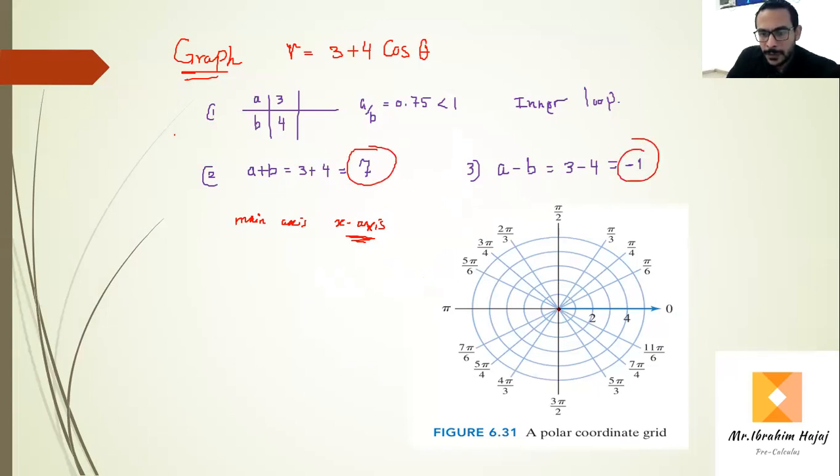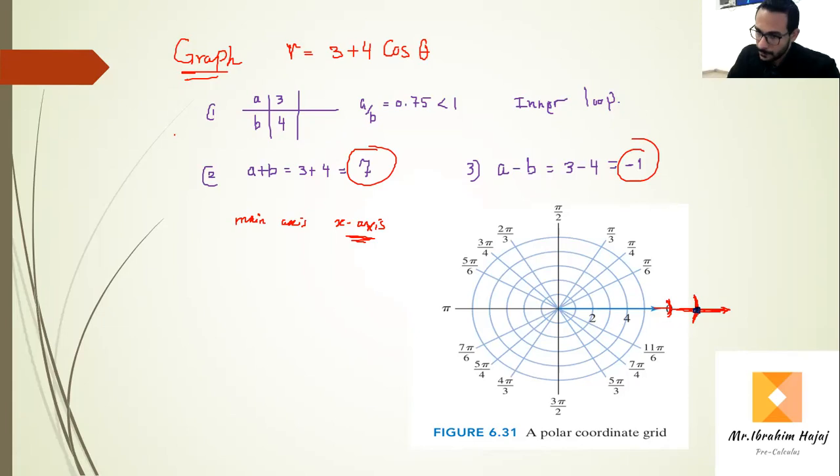So how many circles do we have? 1, 2, 3, 4, 5. We have to extend this one here. And here's 5, here's 6, and here's 7. So I'm going to move from 0 0, the pole, 7 circles: 1, 2, 3, 4, 5, 6, 7, okay?